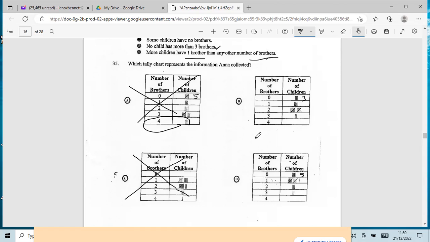So it's between B and D. Which would it be? Listen to what it says now. More children have 1 brother than any other number. What's the highest number of brothers that the children have? I think I phrased it wrong.